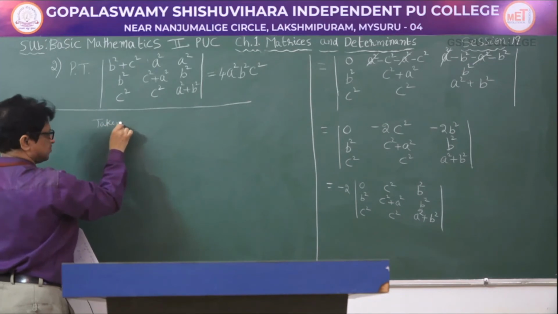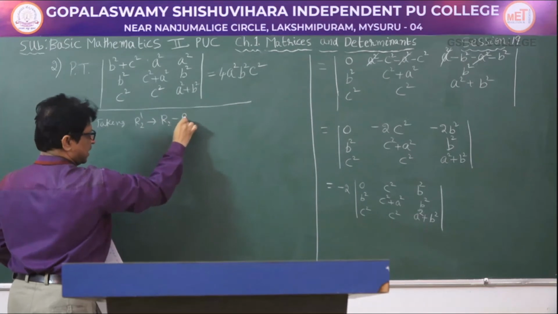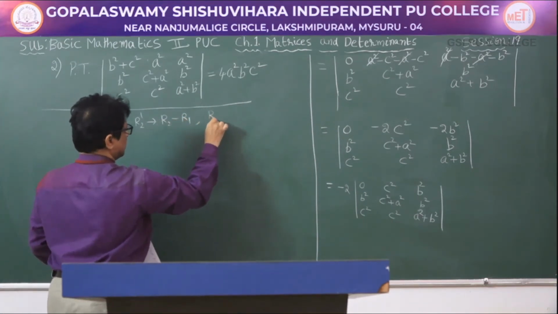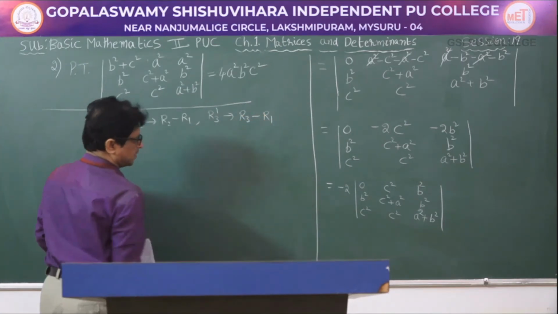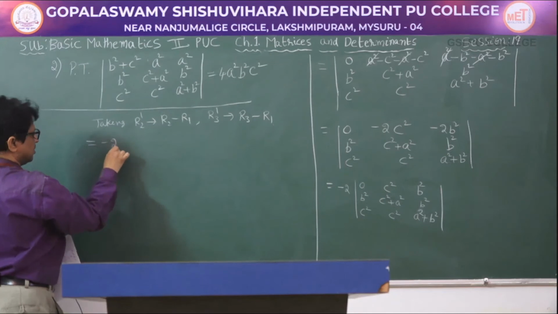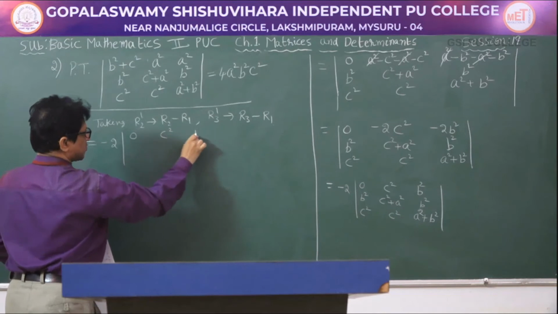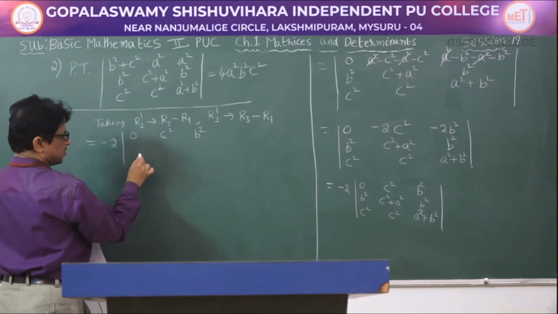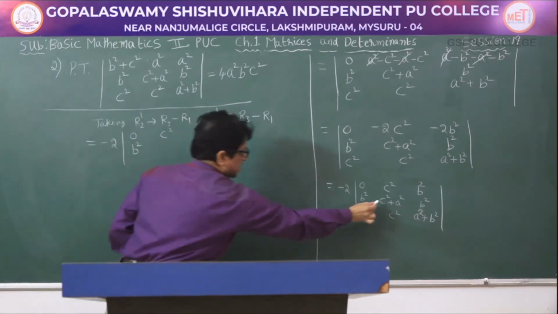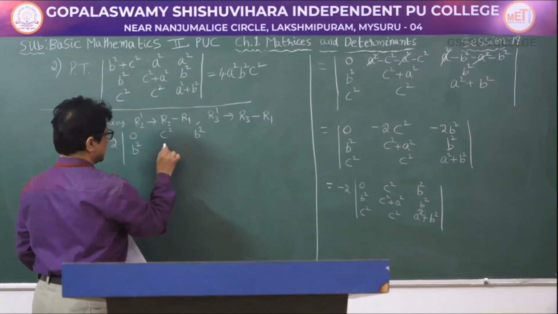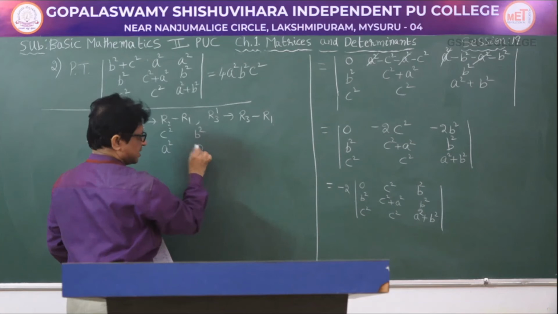Taking R2 dash is R2 minus R1, R3 dash is R3 minus R1. So that will be equal to minus 2 into 0, c square, b square. So b square minus 0 is b square, c square plus a square minus c square is a square, b square minus b square is 0.